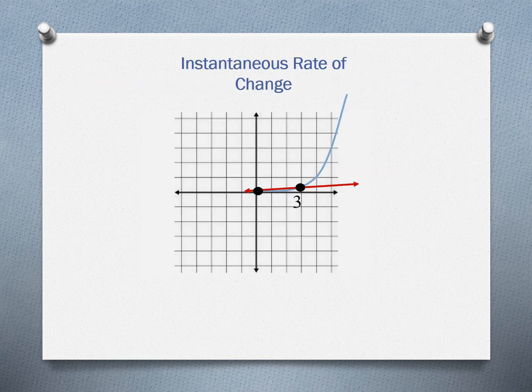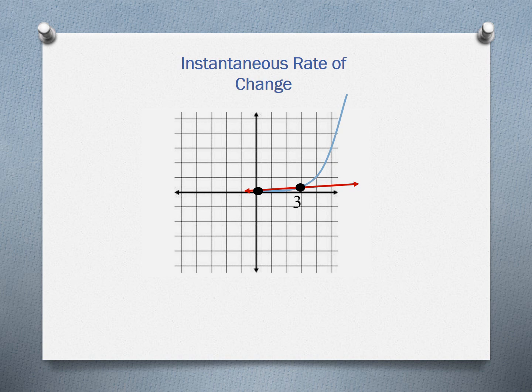To deal with this effectively, we need to be thoughtful about secant lines eventually becoming a tangent line. Let's say this is a secant line, the red line, and I'm trying to get to the instantaneous rate of change at 3. Forgive me, this is a sketch, but if you can get the picture, we're talking about very, very tiny changes that ultimately lead to a tangent line.